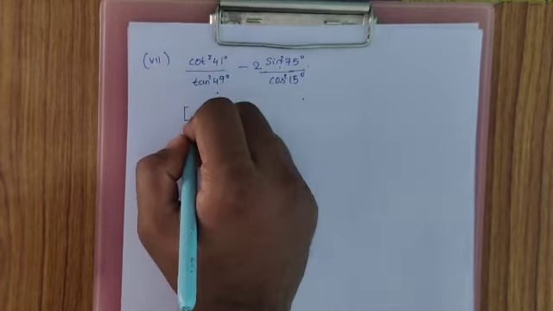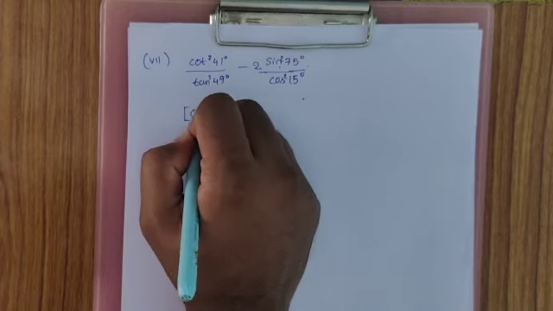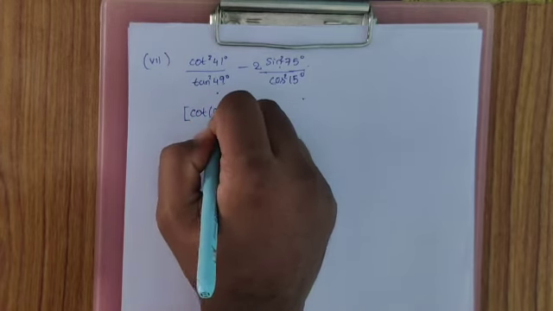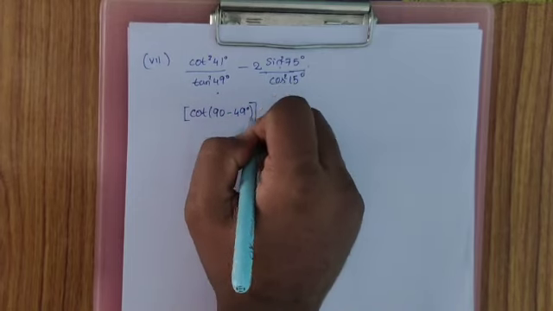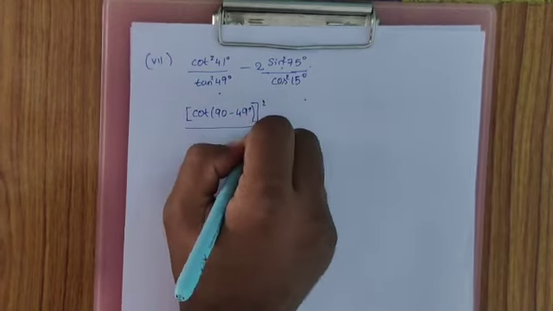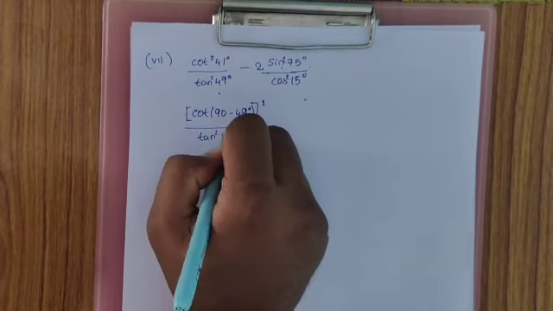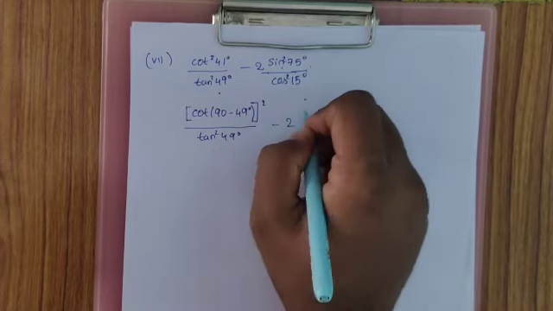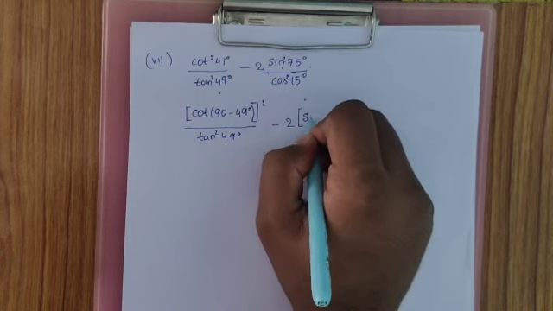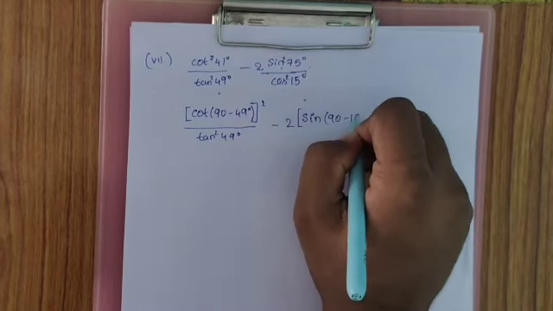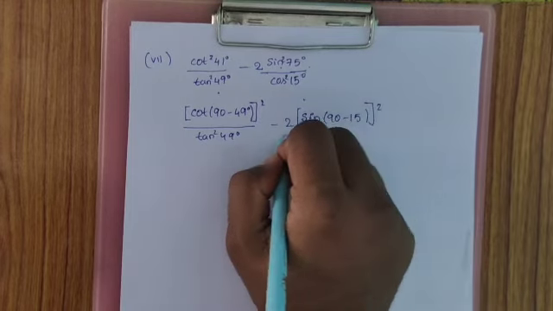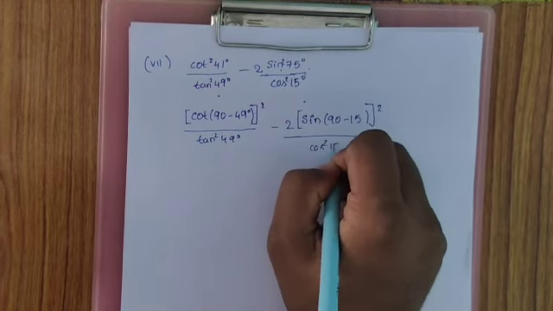I will write it like this: cot of (90 minus 49 degree) whole square dividing by tan square of 49 degree, minus 2 into sin of (90 minus 15 degree) whole square dividing by cos square 15 degree.